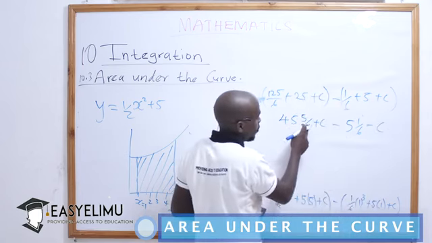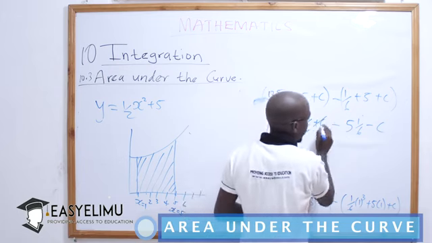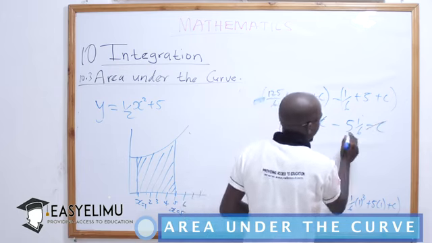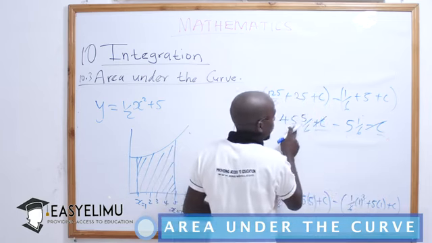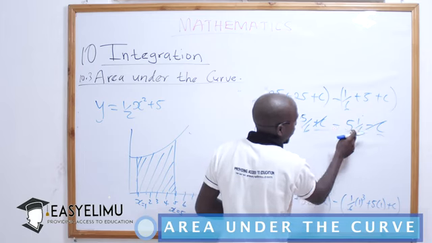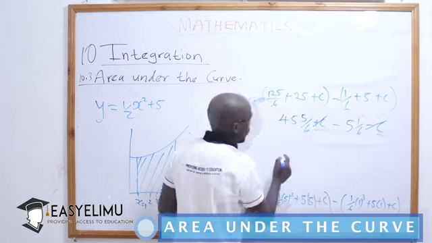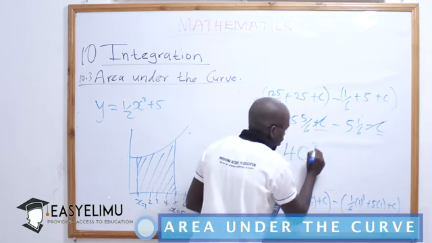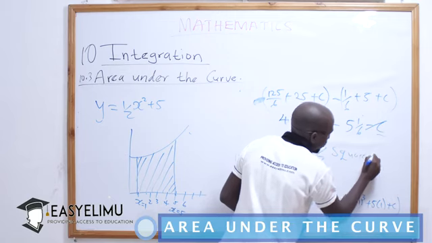So 45 5/6 plus c. The plus c and minus c cancel out, and then 45 5/6 minus 5 1/6, we are going to get 40 and 2/3 square units.